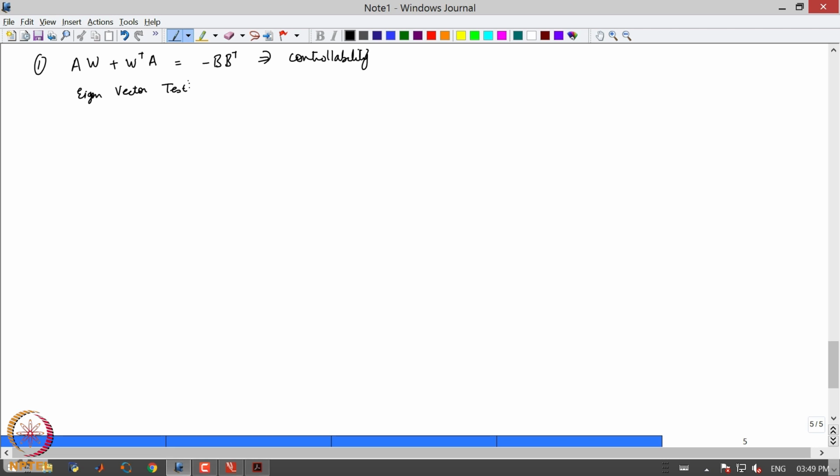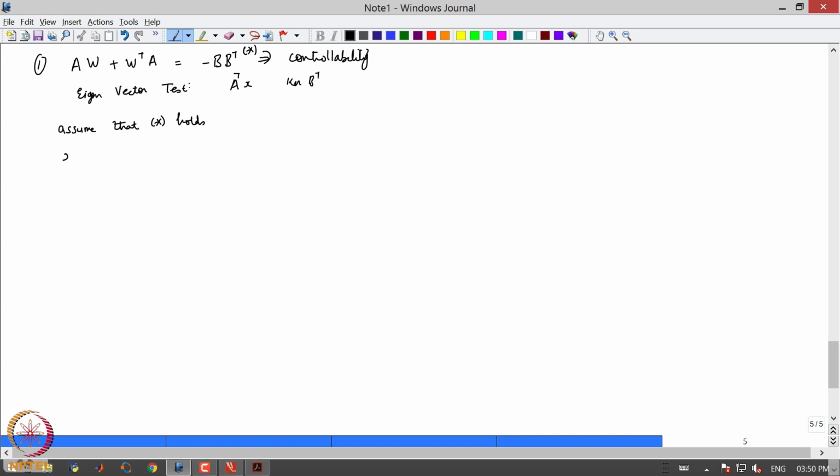What does the eigenvector test do? It has to do with the eigenvectors of A transpose, and you relate that to the kernel of B transpose. So, assume that this equation, let me call it star, holds, and then we have to write down steps which will show that this leads to controllability.